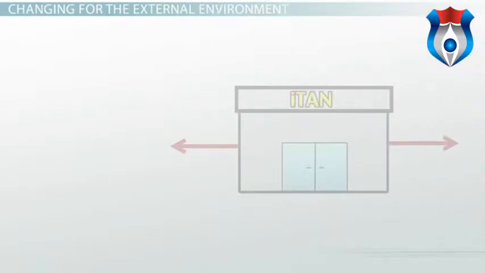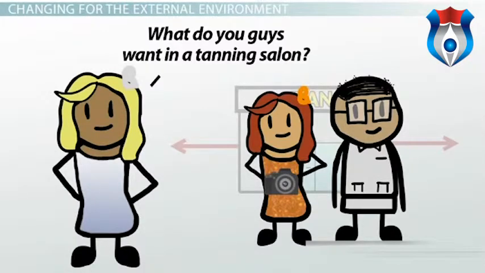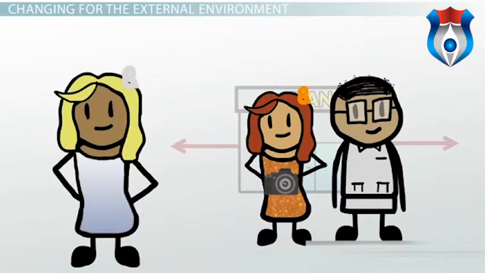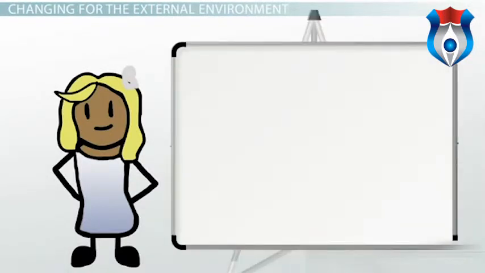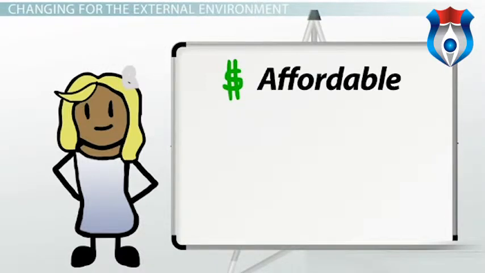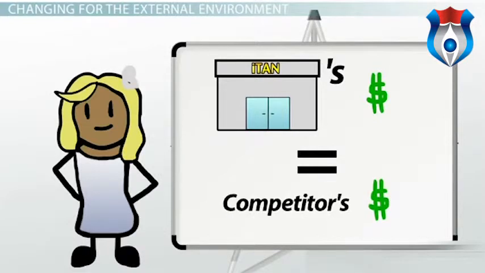As a result, Cassandra spent time talking to her customers to find out what they really want in a tanning salon and was sure to make any changes necessary to accommodate those demands. Additionally, because of the struggling economy, Cassandra needed to ensure her pricing was affordable to her clients and comparable to what her competition was offering for similar tanning services and products at their salons.